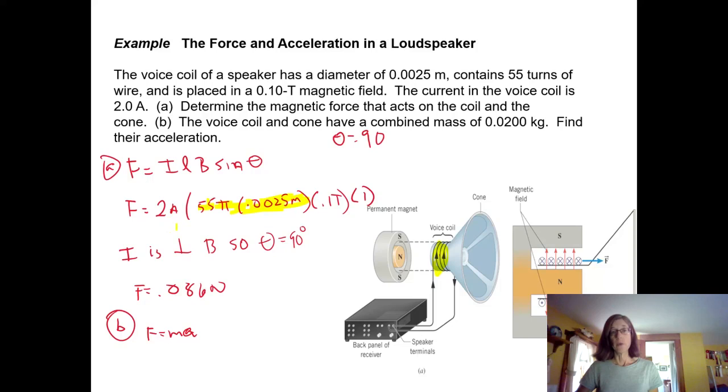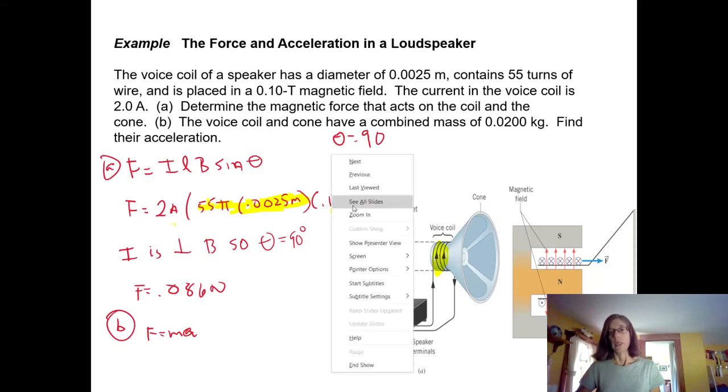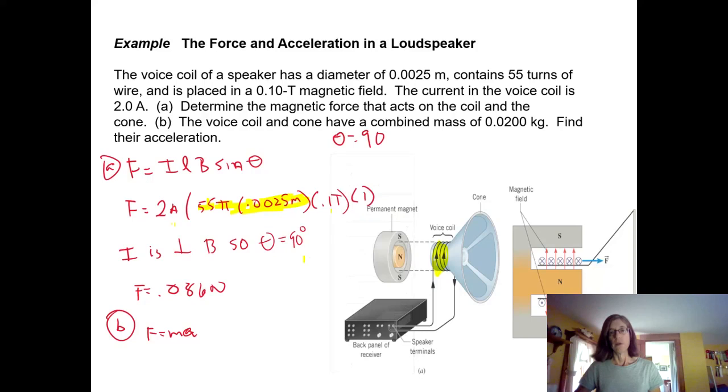This problem is giving you the amps, the current. It's also saying that it's placed in a 0.10 Tesla magnetic field. And if you look at the angle here, you'll see that the magnetic field is perpendicular to the current, so that angle theta is 90.